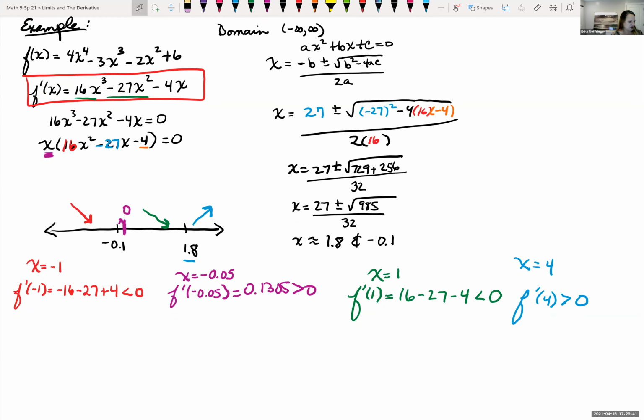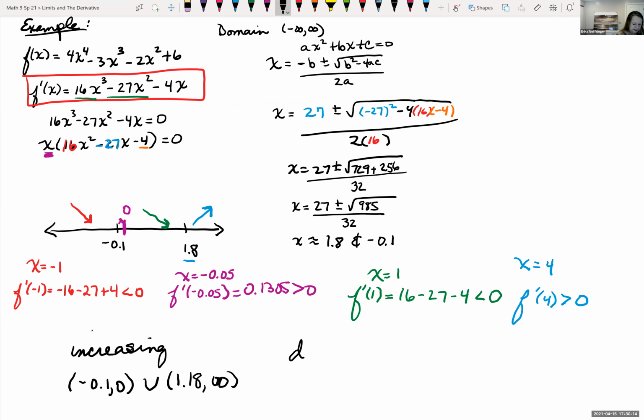Let's just stop there. Let's just say that this was asking us where it was increasing, decreasing, and then let's go to one that might not be as bad. So it's increasing. We saw from negative 0.1 to 0, approximately, union 1.8 to infinity.